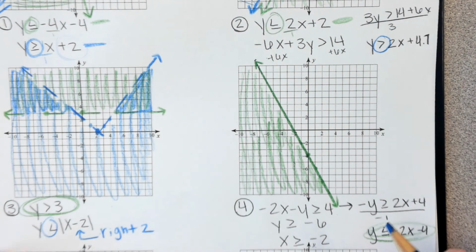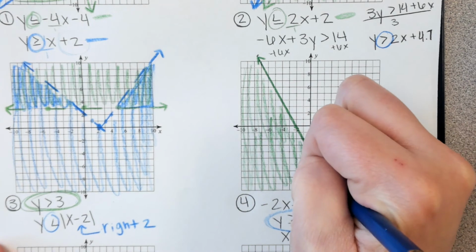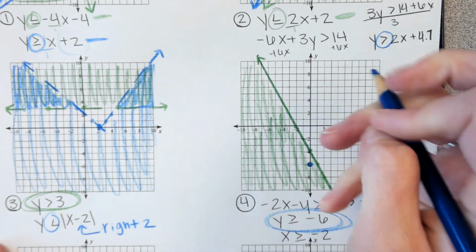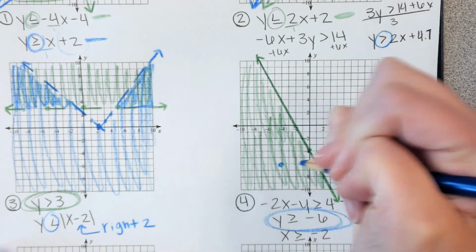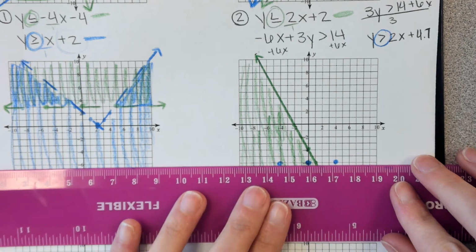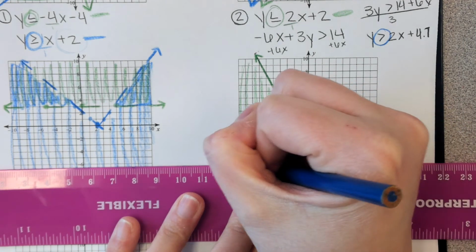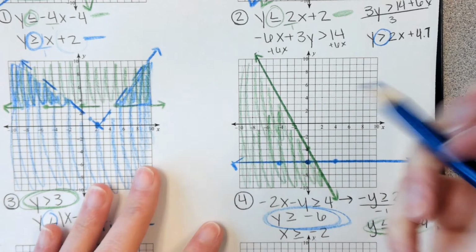Okay. My next line is y is greater than or equal to -6, so I'm going to go to -6. And my slope is 0, so I'm just going to go straight across because it will be horizontal. It's greater than or equal to, so it is a solid line. And we're shading above.